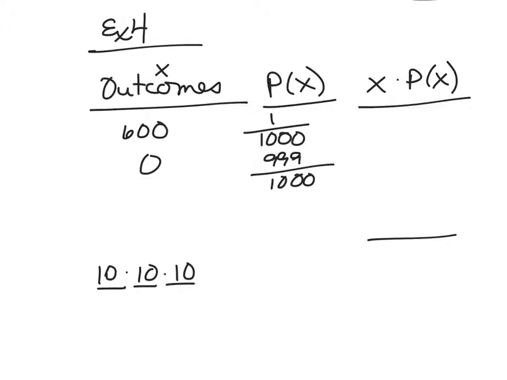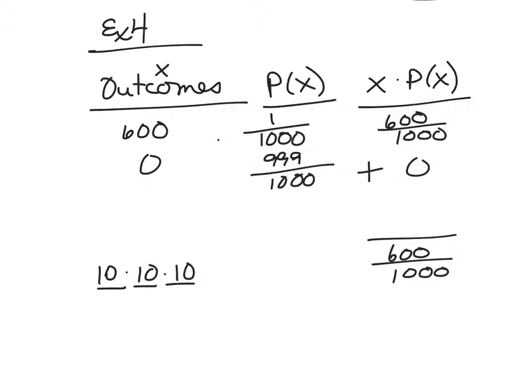Okay, let's multiply. 600 times 1 over 1,000 would be 600 over 1,000. 0 times anything is 0. And when we add those, I get 600 over 1,000, which is 60 cents.